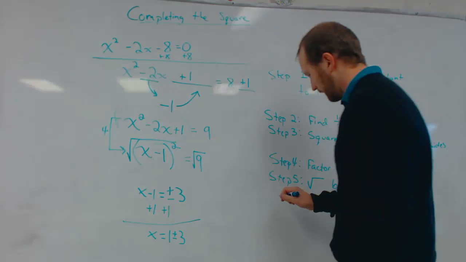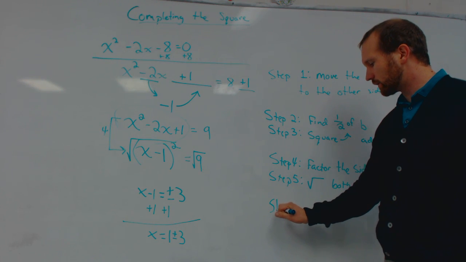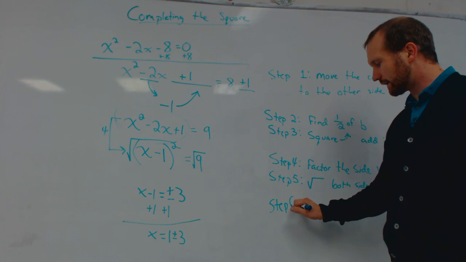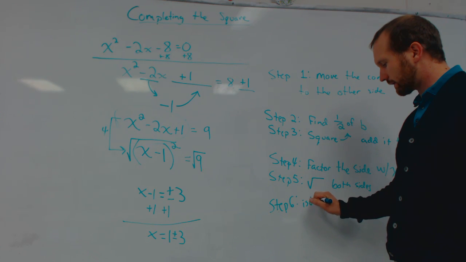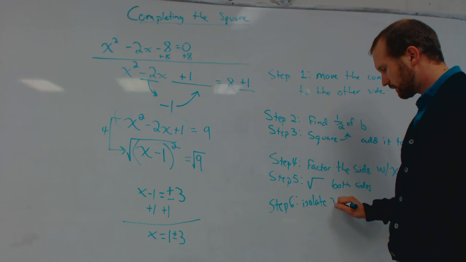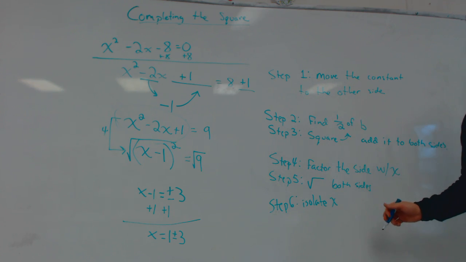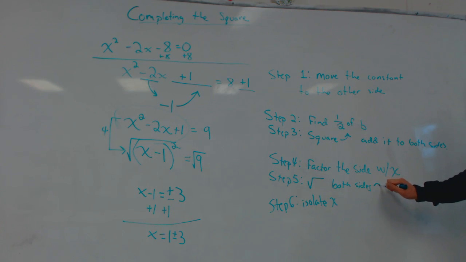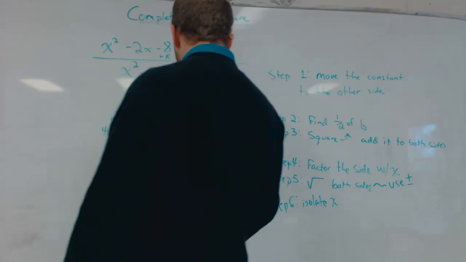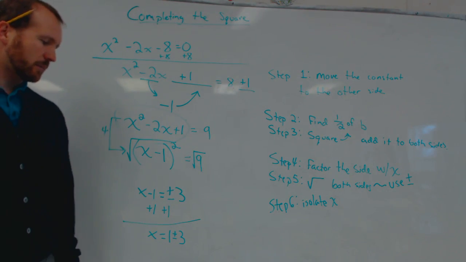So step 6, I isolate x by adding 1 in this case. I'm going to put a reminder over here. When we square root both sides, I'm going to use plus or minus. So now, x is 1 plus 3 or minus 3.